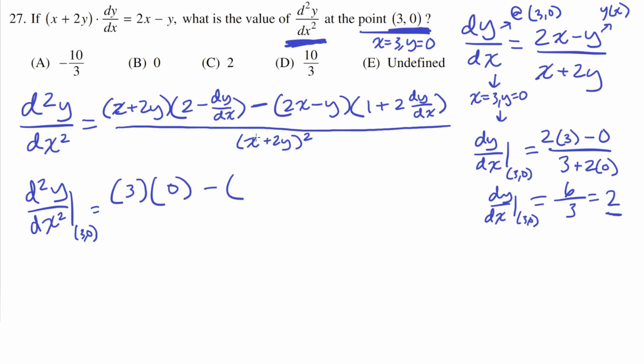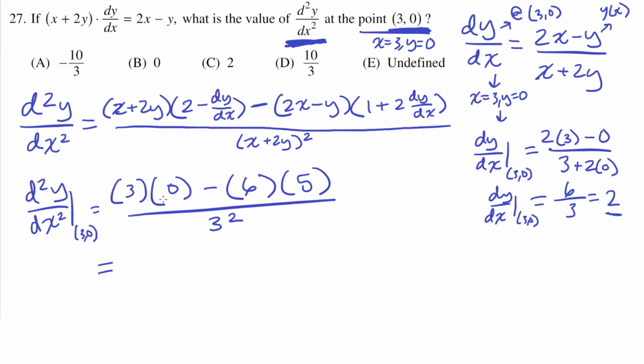And then negative (2x - y), so 2 times 3 is 6, minus y, which is 0, so we'll just have a 6. And then 1 plus 2 times dy/dx evaluated at (3, 0), which is 2, so 1 plus 4, which is 5. And then in the denominator, we have (x + 2y) squared. x is 3, y is 0, so this is just going to be 3 squared.